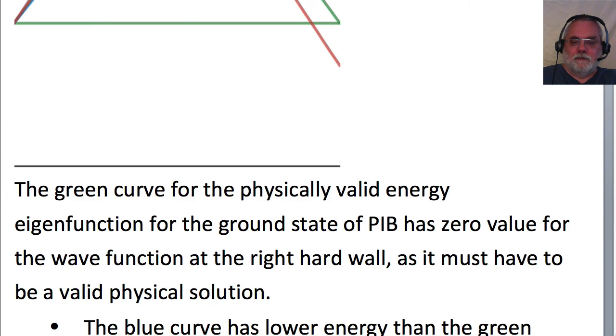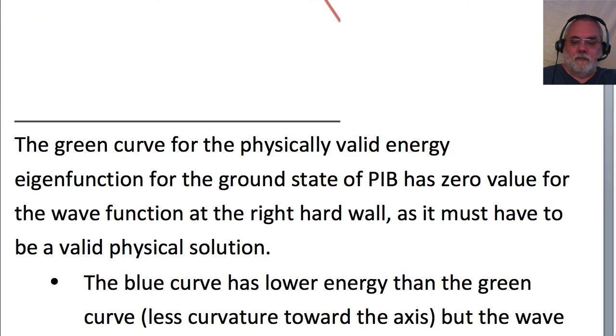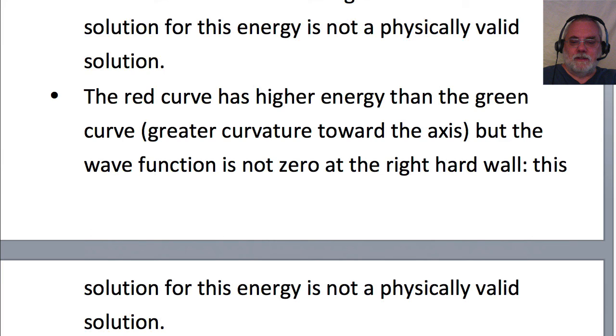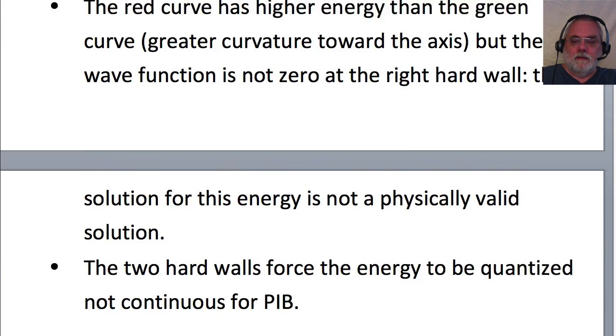The red curve has higher energy than the green curve, greater curvature toward the axis, but the red wave function is not 0 at the right hard wall either. This solution for the energy is not a valid physical solution. The two hard walls force the energy to be quantized in definite specific energies, not continuous, for a particle in a box.